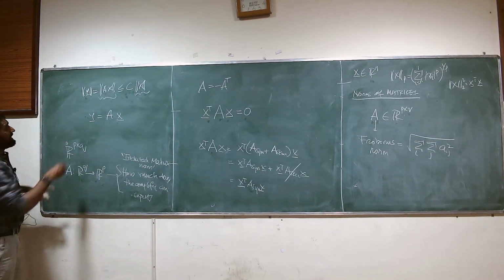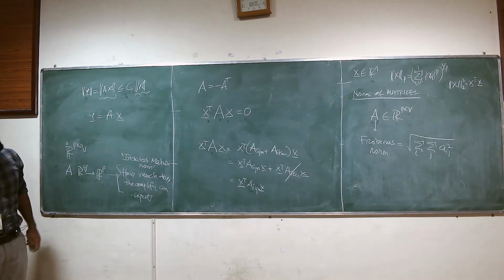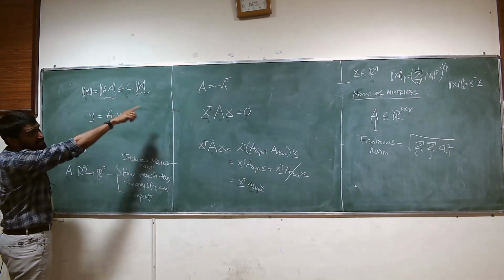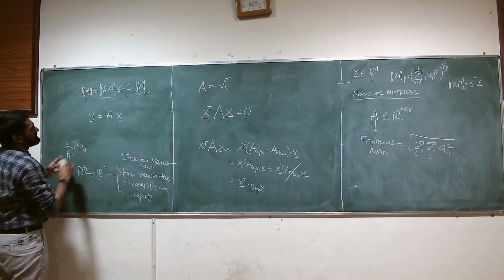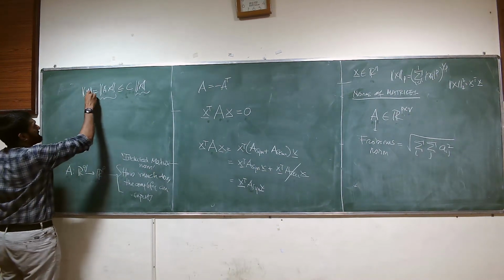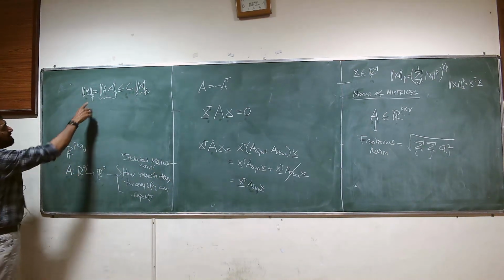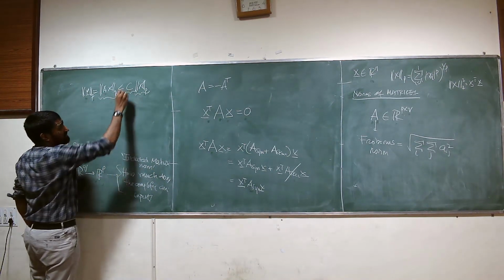Now, before we proceed, I've simply written down norms here without specifying what norm I'm talking about. It turns out it does not matter what norm you choose. You can choose any of the p norms that you have, and depending on what p norm you choose here, the number C will change.